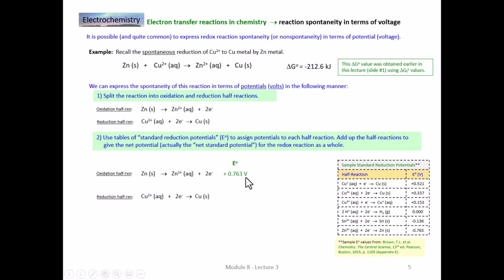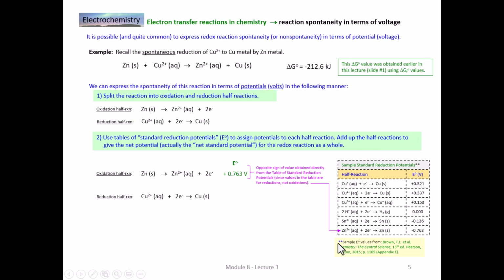It's important to realize where I got this number on the table and where I got the sign of this value. If you look on the table for a reaction that involves zinc ion and zinc and 2 electrons, the standard reduction potential listed is minus 0.763 volts.